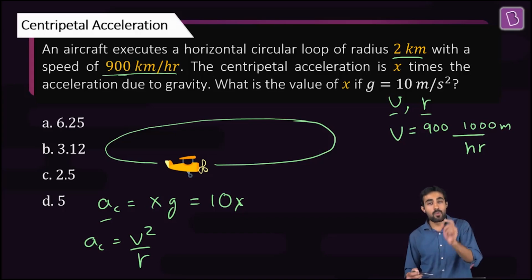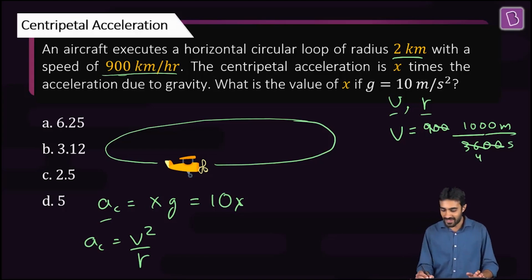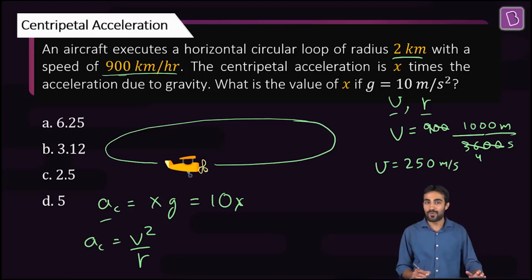What is 1 hour? 1 hour is 3600 seconds. So, let's write 3600 seconds over here. This is giving us 9 4s are 36 and 2 zeros cancel out over here, and we are getting V is equal to 250 meter per second. Wow, great.